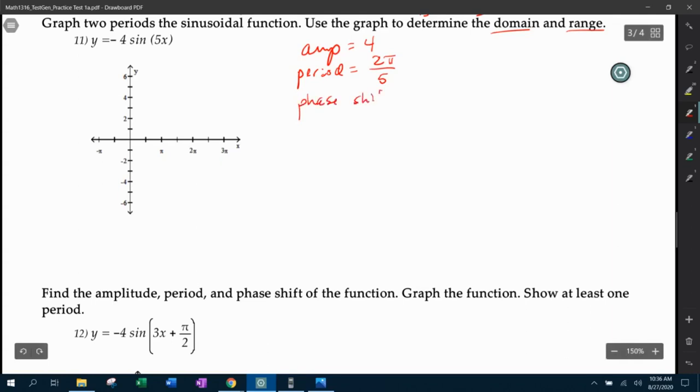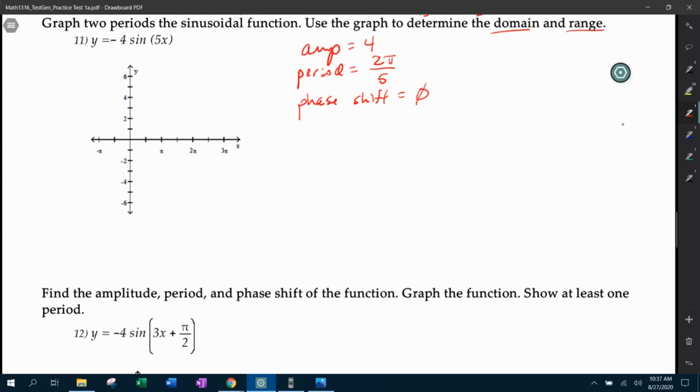And the phase shift, since there is no number after the x, like there's not a +2 or anything, then there is no phase shift, okay?